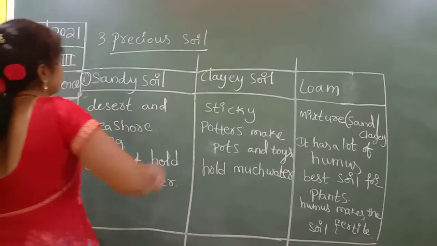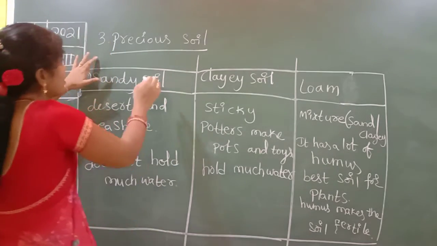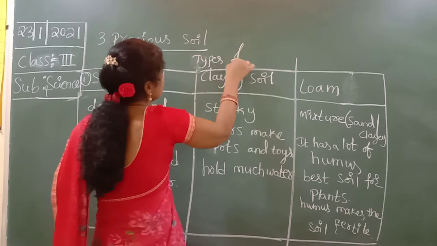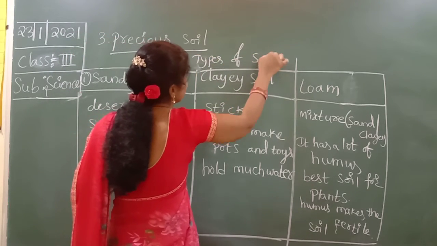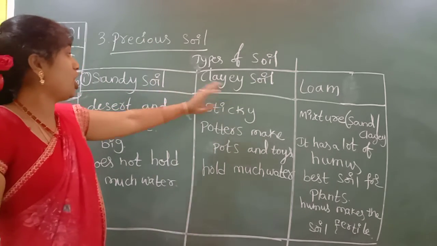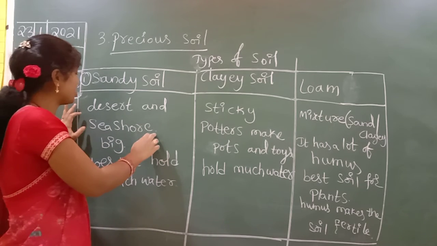Okay, the soil is of three types. Types of soil: sandy soil, clay soil, loam. Sandy soil is mostly found in deserts and seashore.